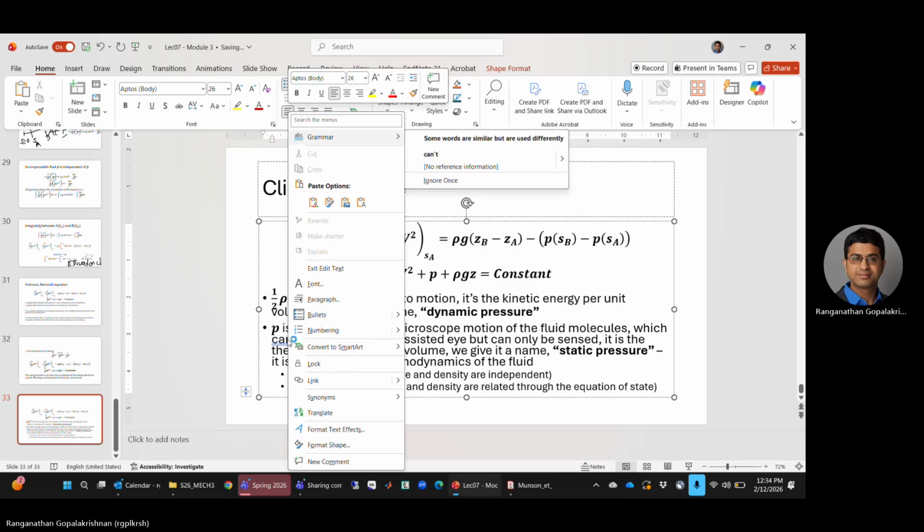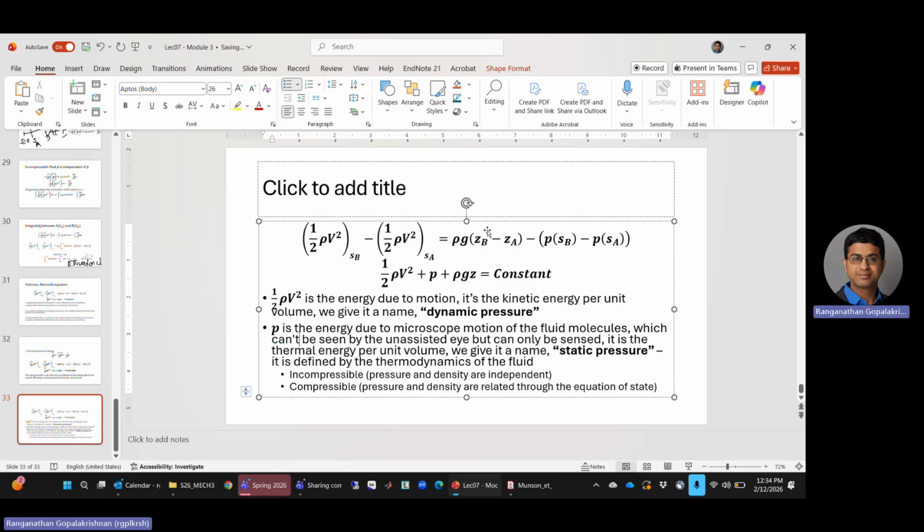Okay. And you're going to assist me with the last term, which is rho g times z. What is that? Do you recognize? Can you comment? It is the potential energy per unit volume arising due to gravity. Potential energy can be due to a spring or any force. This is due to gravity, so it's gravitational potential energy per unit volume.